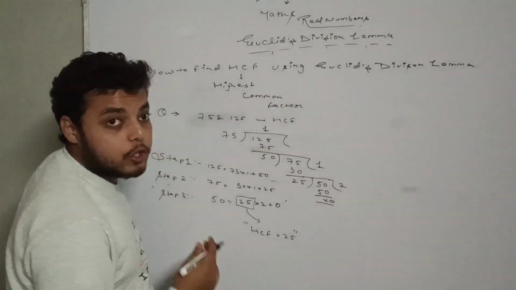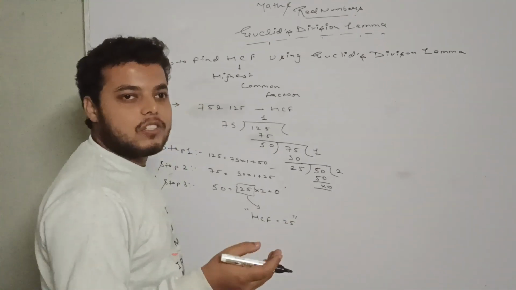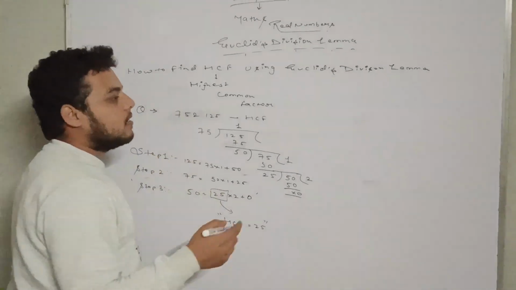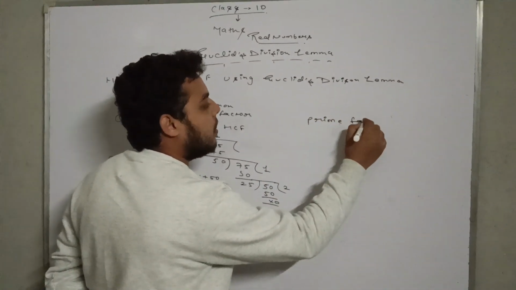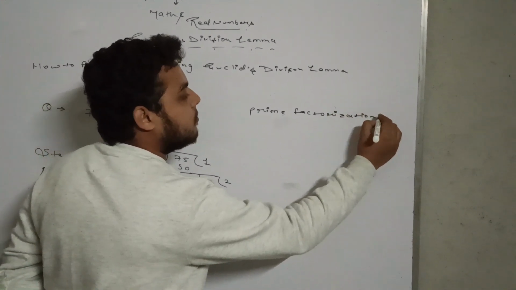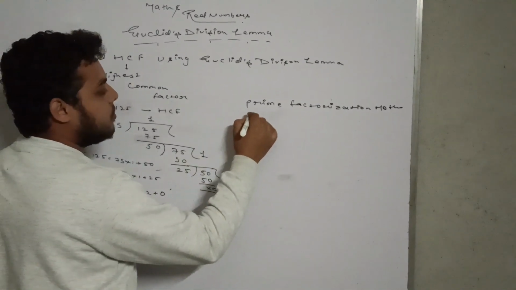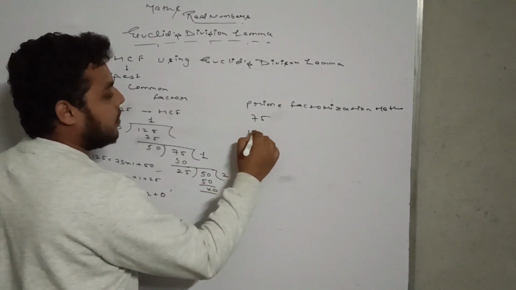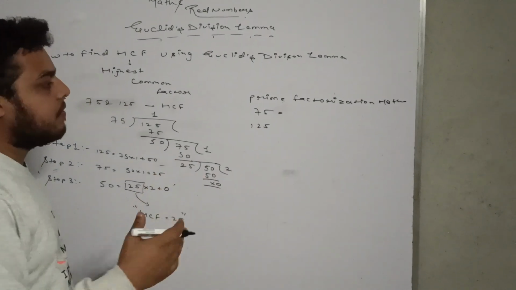How can I be so sure? Let's check it out using the oldest method, the prime factorization method. We'll take these two numbers, the first one is 75 and the second one is 125. How can I write 75 as its factors?